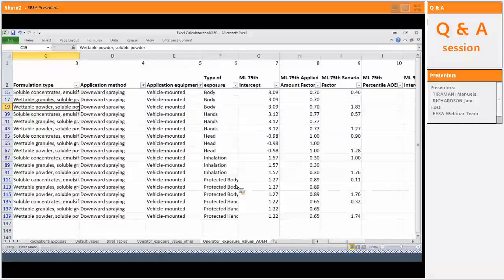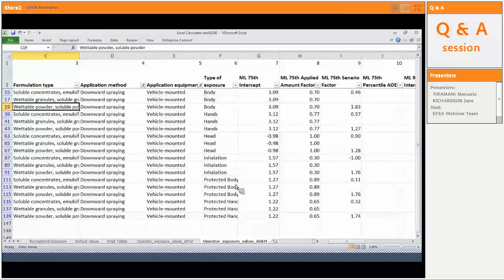Also, I think there's another question with regard to the default values. Jane, the default treated areas can be modified only manually, right? No, currently the default treated areas, you have to remember, for example, some of them came from the studies that we used for the AOEM model.